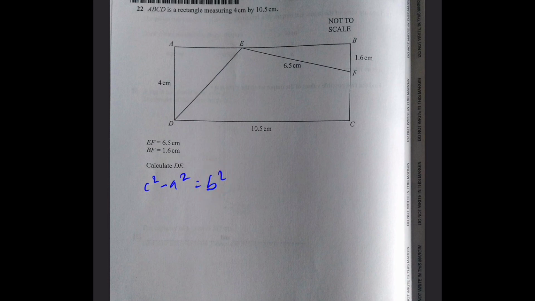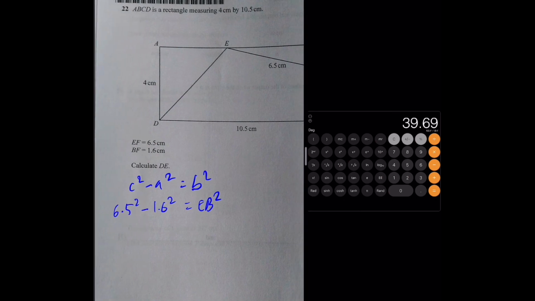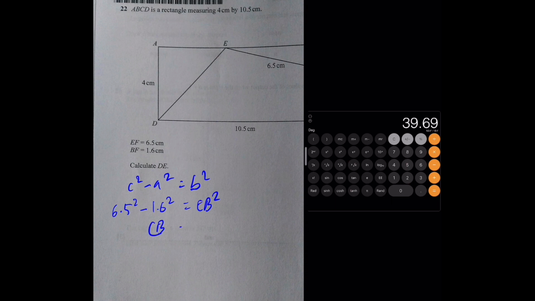Now we can write C and A. 6.5 squared minus 1.6 squared equals EB squared using this right angled triangle. This is right angled because of the rectangle ABCD. Now that means, because I calculate it out, 6.5 squared, 42.25, minus 1.6 squared, that will be 39.69 equals CB squared. So CB equals the square root of this, which is 6.3.